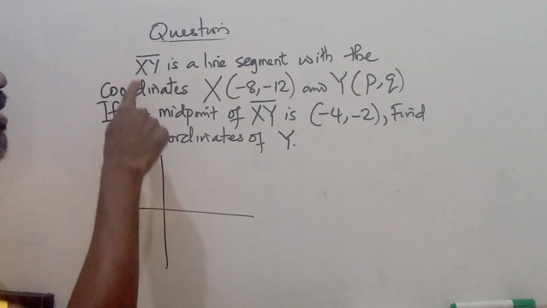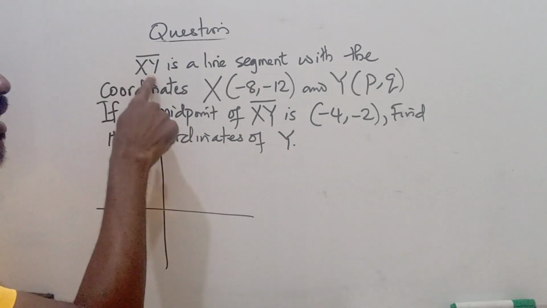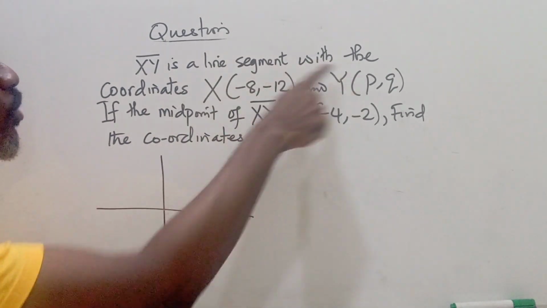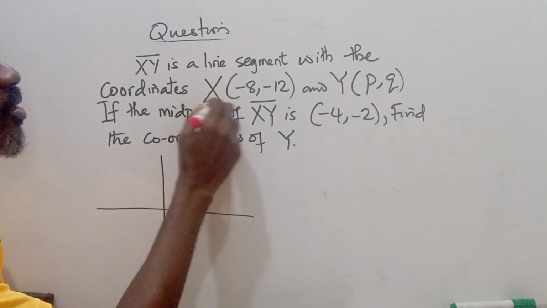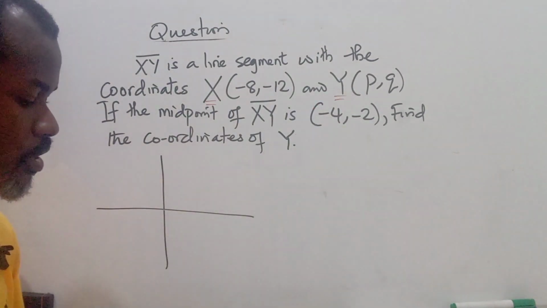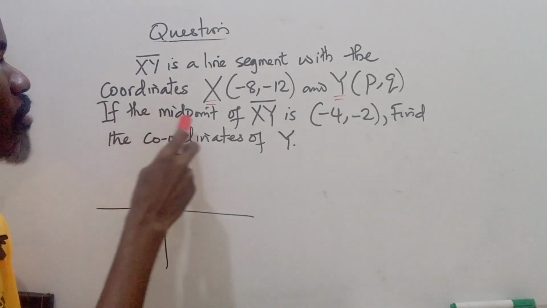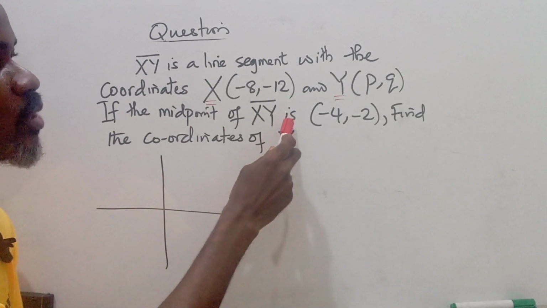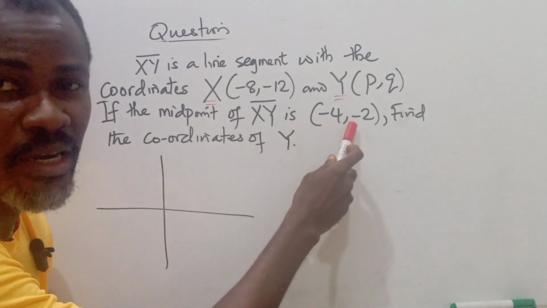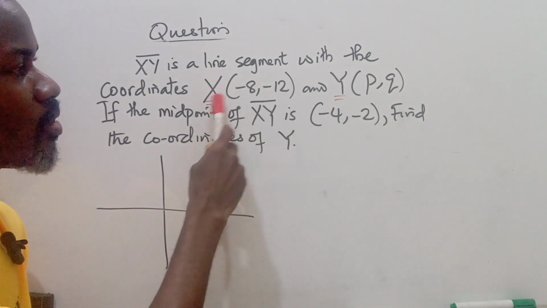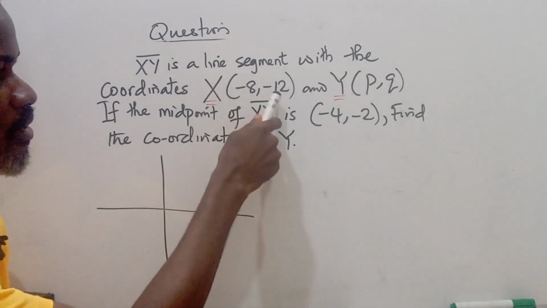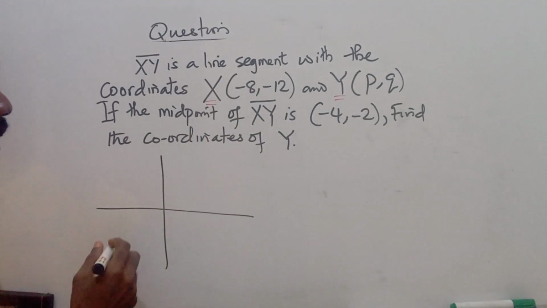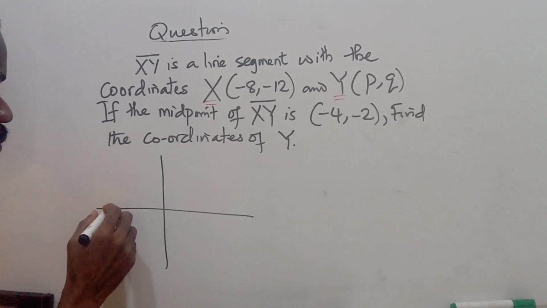The question says this line XY is a line segment with the coordinates. So we have the X coordinate and the Y coordinate. If the midpoint of line XY is (-4, -2), the X coordinate is at (-8, -12), so (-8, -12) should be somewhere maybe around here.